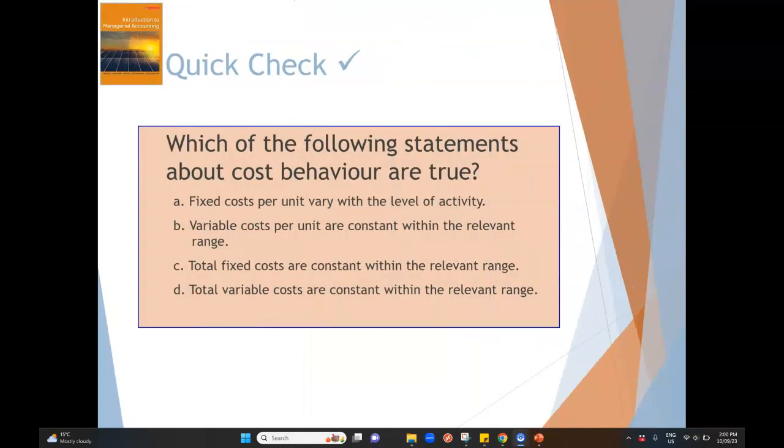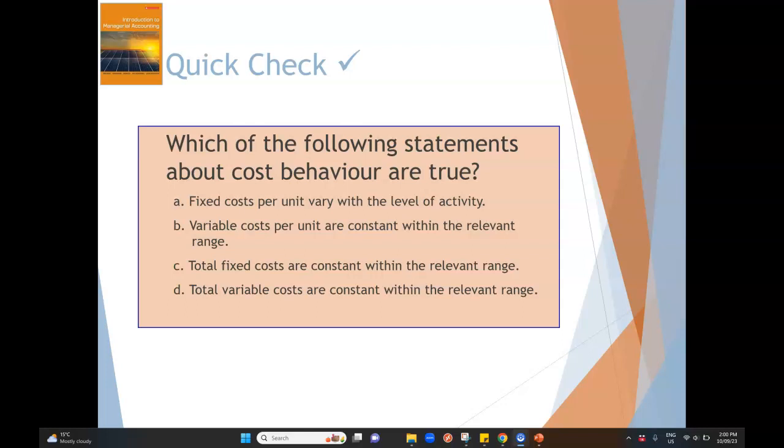Quick check. Which of the following statements about cost behavior are true? A. Fixed costs per unit vary with the level of activity. B. Variable costs per unit are constant within the relevant range. C. Total fixed costs are constant within the relevant range.